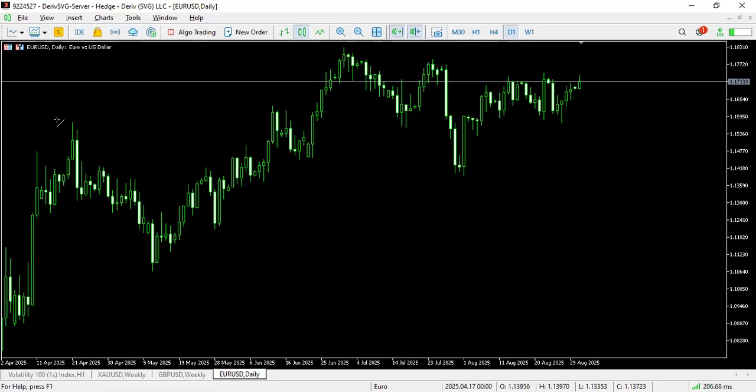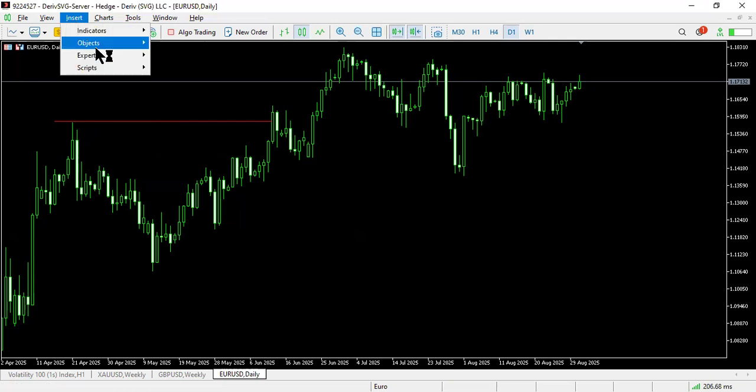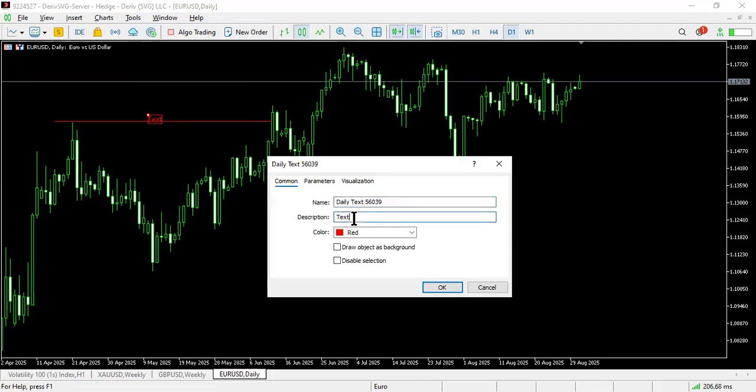So from the daily, we can see that is a break of structure. We had a break of structure there.